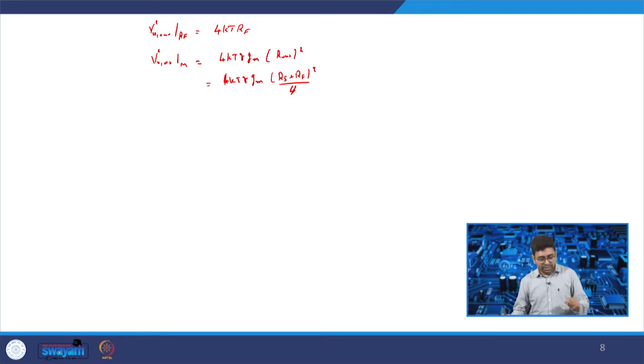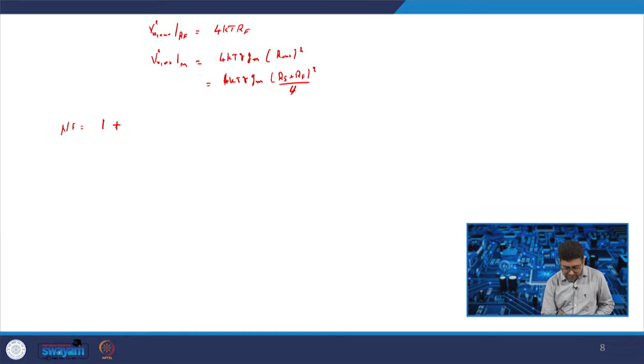There is one more trick. When you are finding the noise figure, the source noise, the same term 4 kT RS, is amplified and then divided by gain square, so the term will come as 1 only. So we can directly write it as 1, then 1 plus 4 kT RF divided by 4 kT RS and the gain.